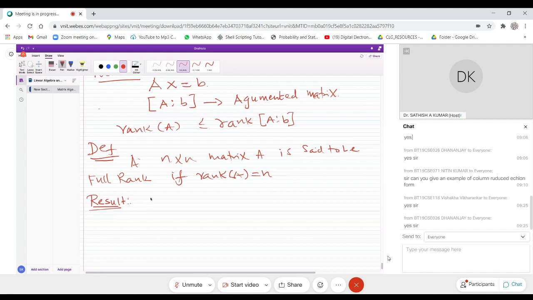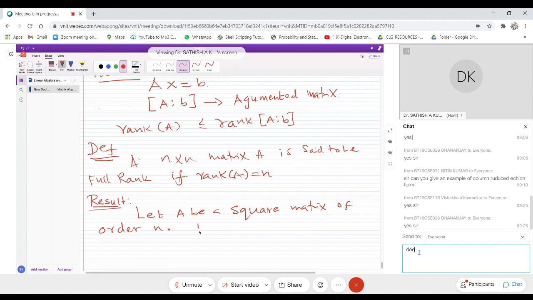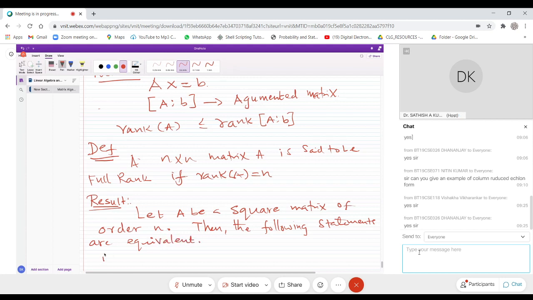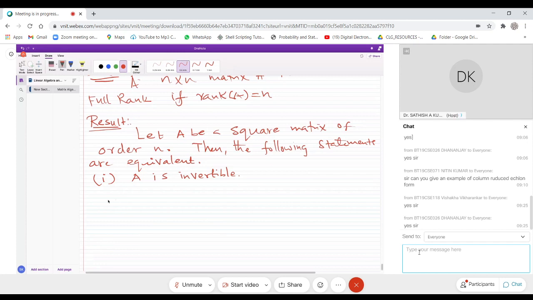Let A be a square matrix of order n. Then the following statements are equivalent. First, A is invertible.